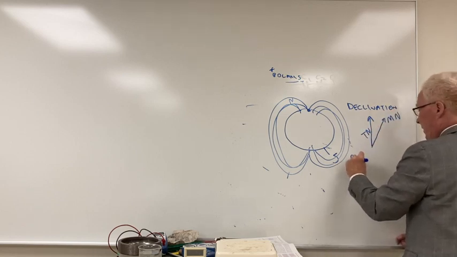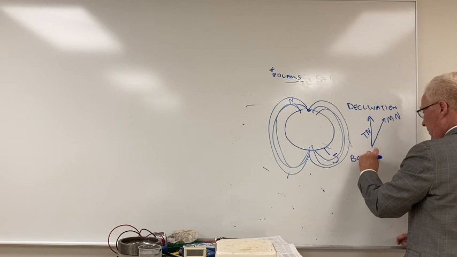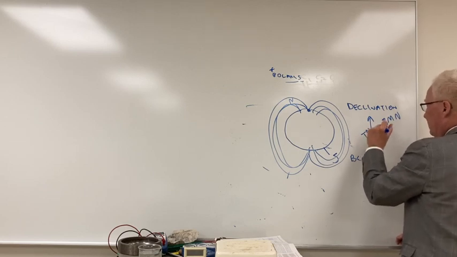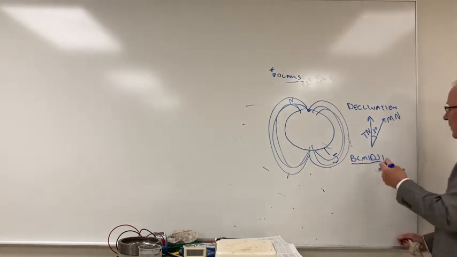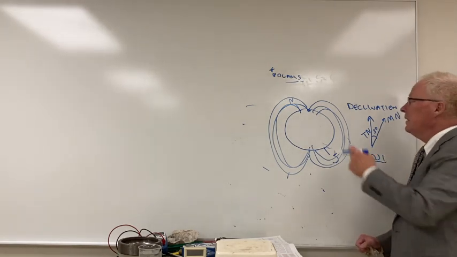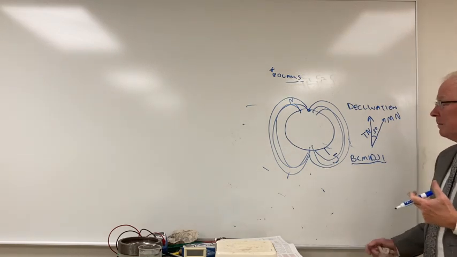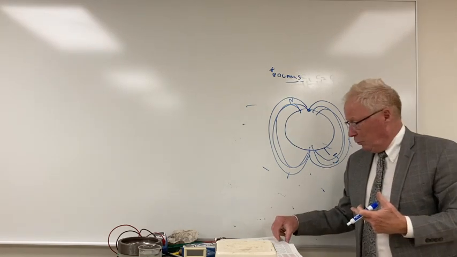In Bemidji, northern Minnesota, it's approximately 3 degrees or something like that. It's been changing over time. It's moving slightly, and we'll get into that.